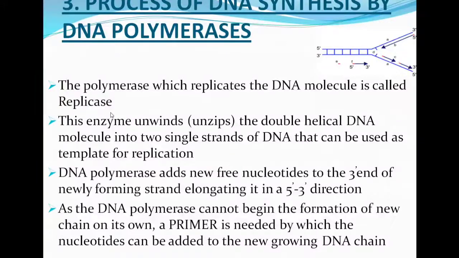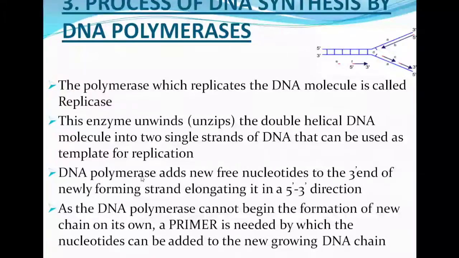Replicase is the enzyme which unwinds or unzips the double helical DNA molecule into two single strands of DNA that can be used as a template for replication. Each single strand DNA can be used as a template for replication. What is replication? It is nothing but duplication of the original DNA molecule.